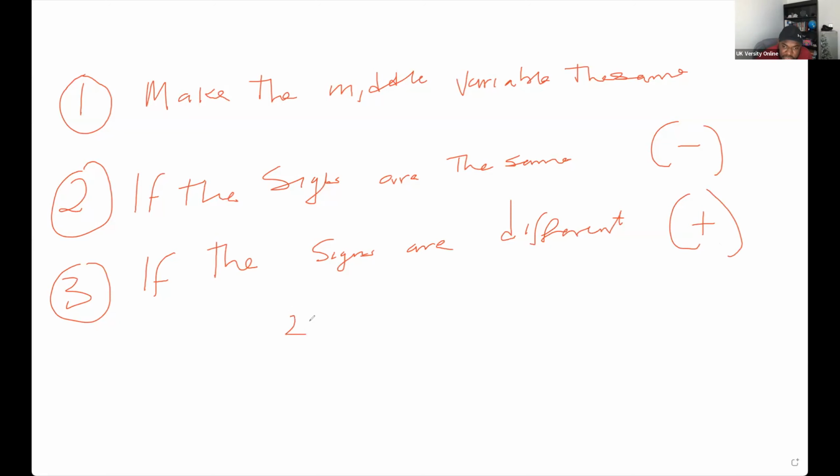For example, if you have 2x plus y equals 7, and 2x minus y equals 8, the signs are different, so you have to add them together. So you go with 2x plus 2x. That is it. So let's try and look at the first equation.